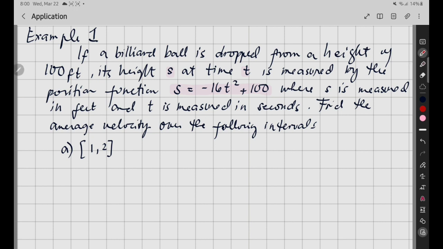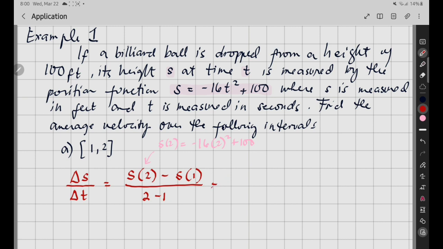Okay, so to solve for this, we have to find the delta s, change in distance over change of time. So we have s of 2 minus s of 1 over 2 minus 1. So s of 2, all you have to do is substitute, or evaluate the s of 2, which is equal to negative 16 times 2 squared plus 100.